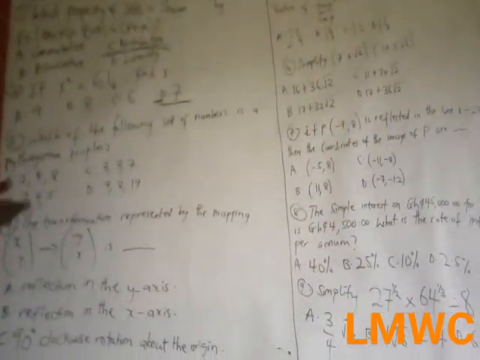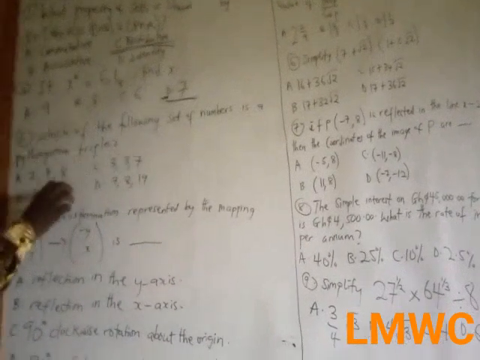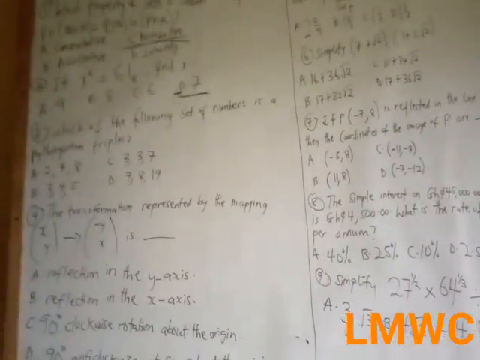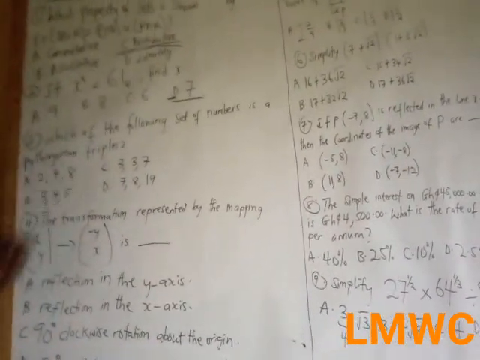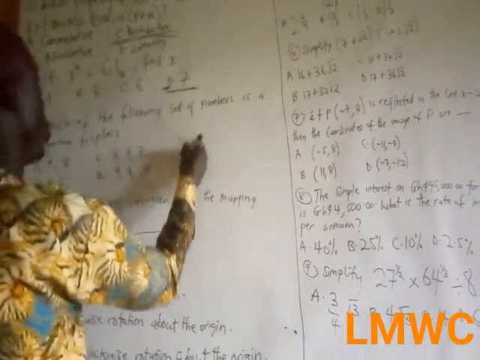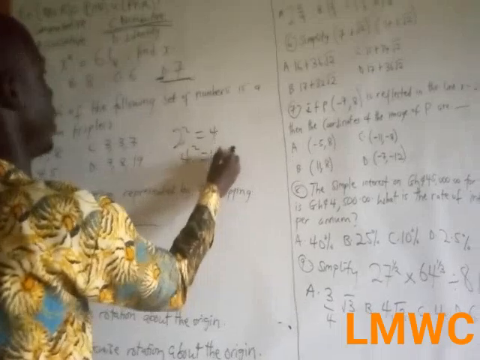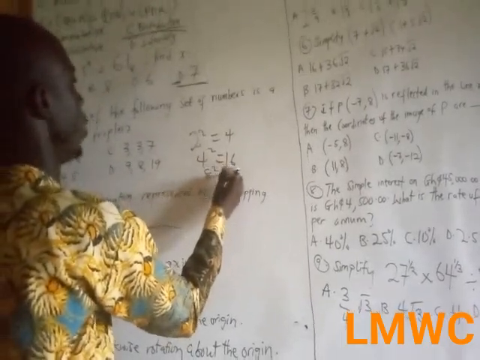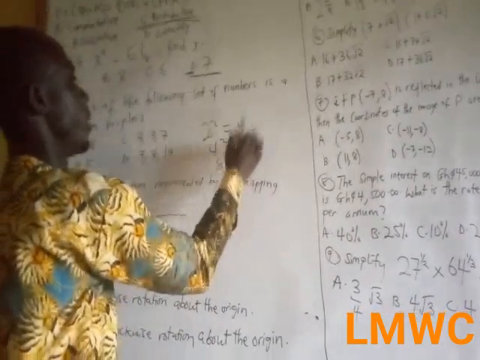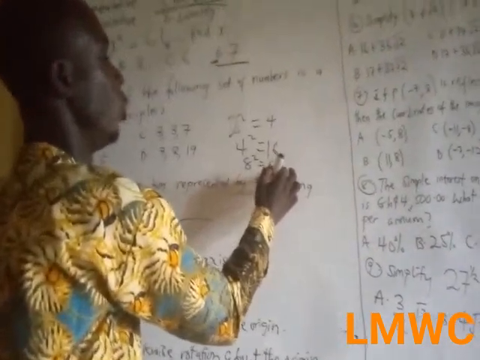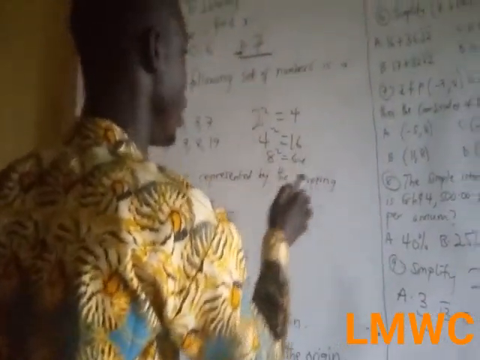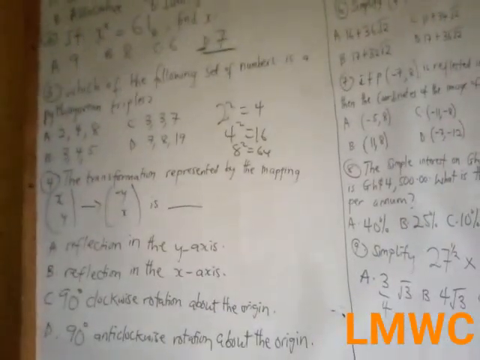Now let's take 2, 4, 8. 2 squared is equal to 4. 4 squared is equal to 16. And 8 squared is equal to 64. So 4 plus 16, are you getting 64? No, you get 20. This means it's wrong.